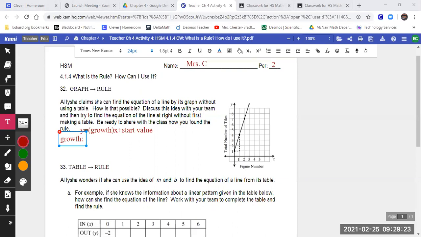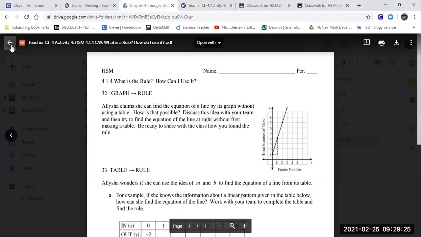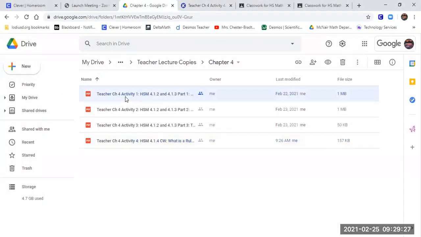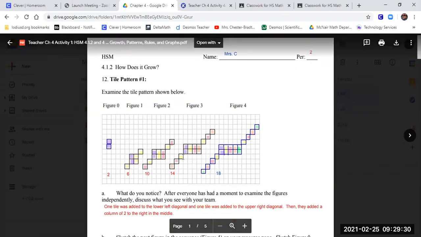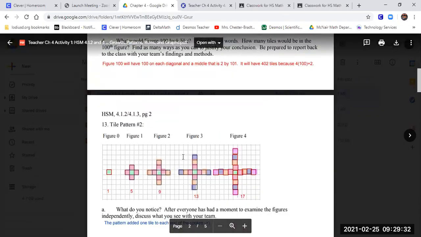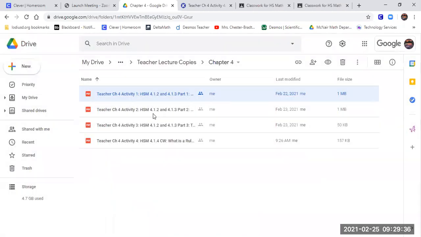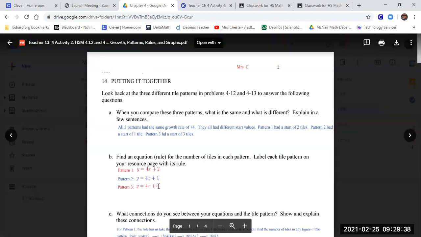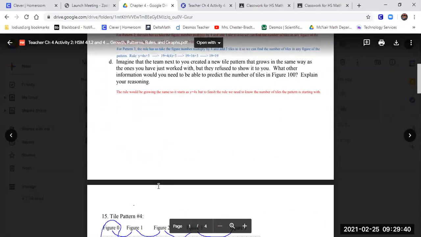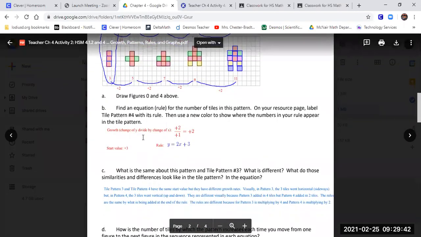So let's go look at our previous worksheets. Let me bring up one of our previous ones. When we had to find a rule, not that one. Oh, right here it has it.